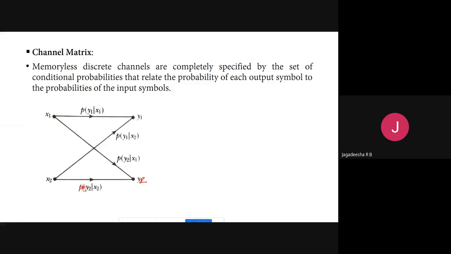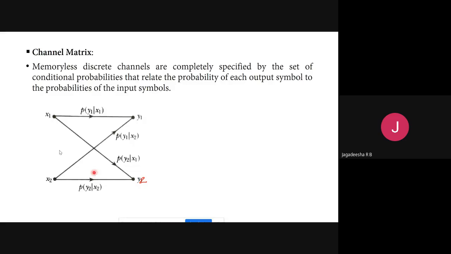Now you are waiting at the output, this point, y2 point. What would be the output, y2? What's the probability of that? Is it 0.4? Is it just 40% that I would get a 1 here, where the input was also 1? Or I get a 0 here, where the input was also 0, and so on. So this is a transition or conditional probability.